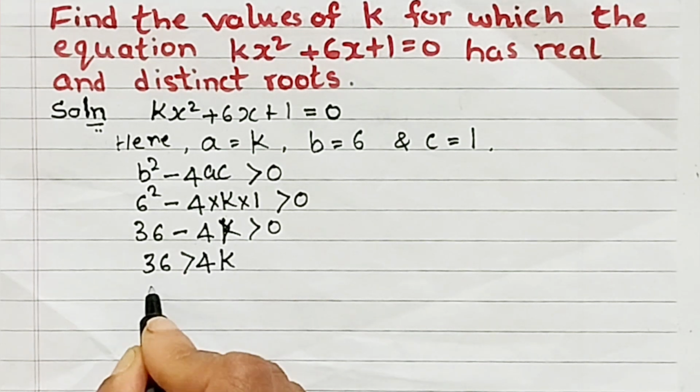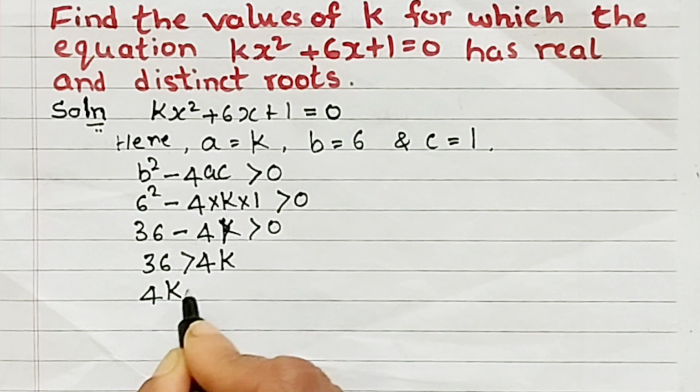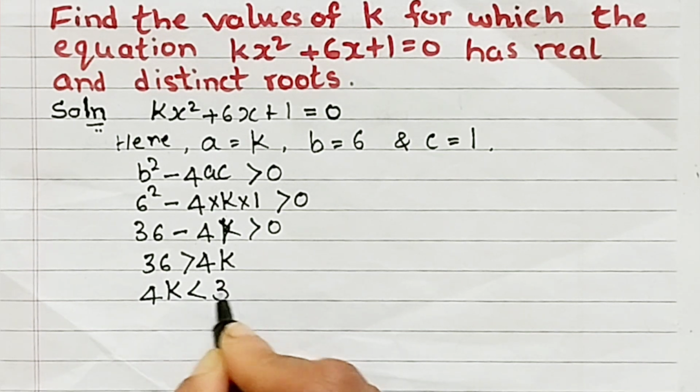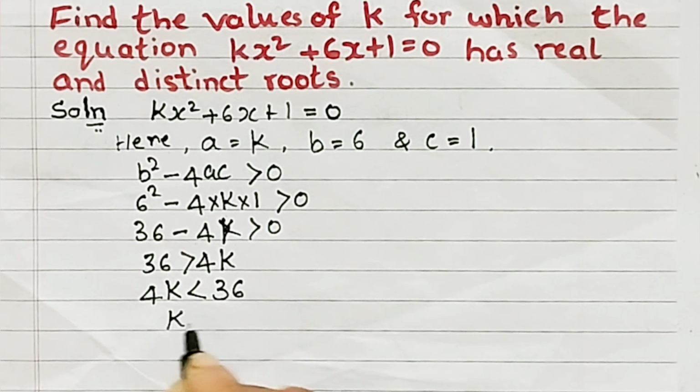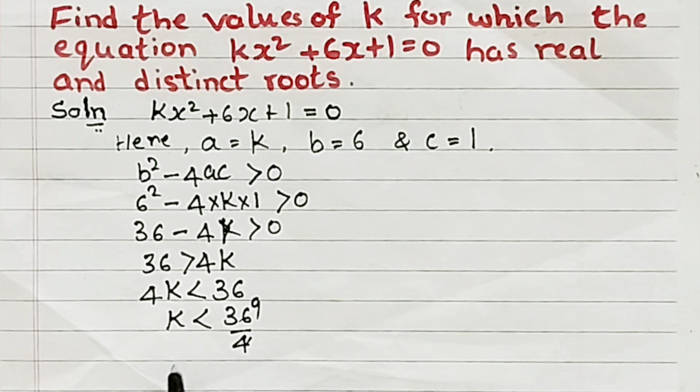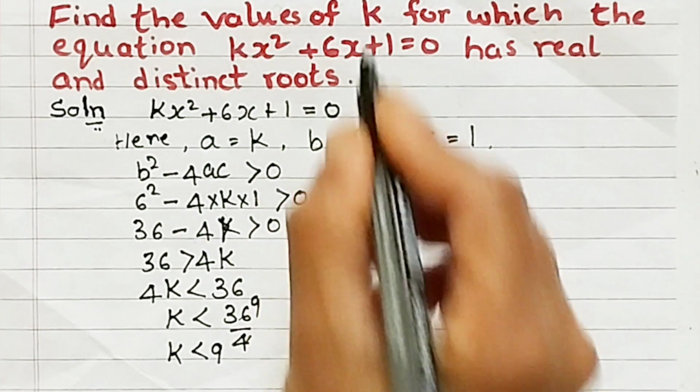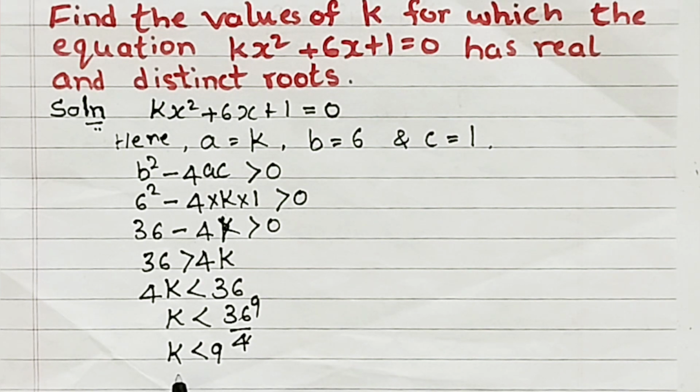Or we can take 4k lesser than 36, or k less than 36 by 4, 4 nines are 36, so k less than 9. Values of k are less than 9.